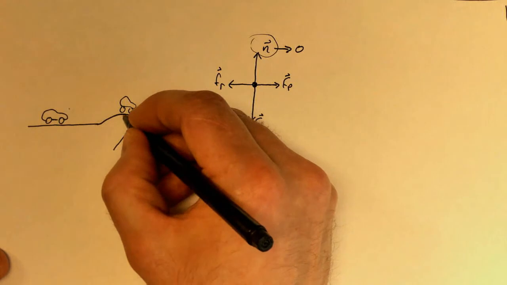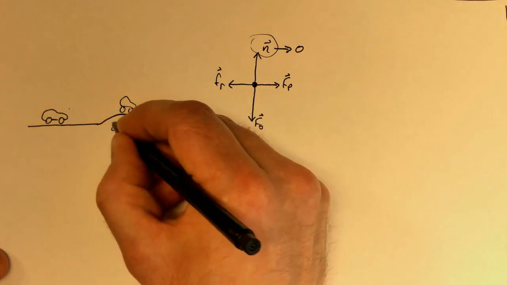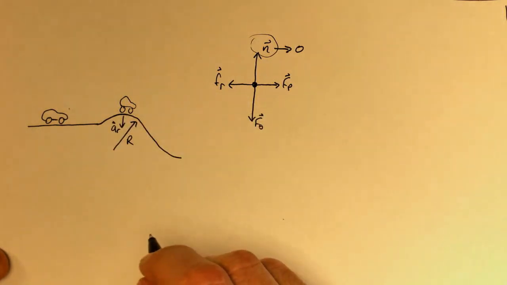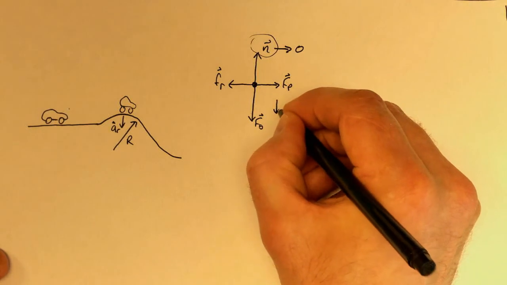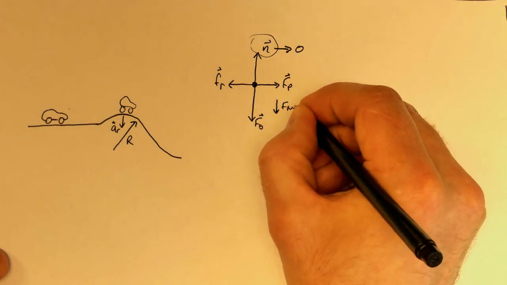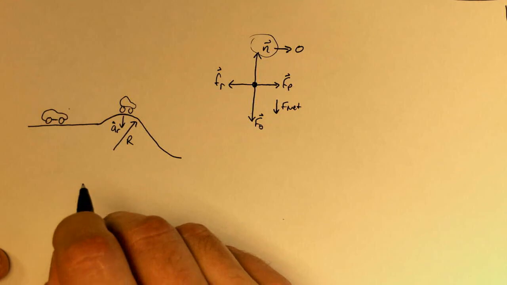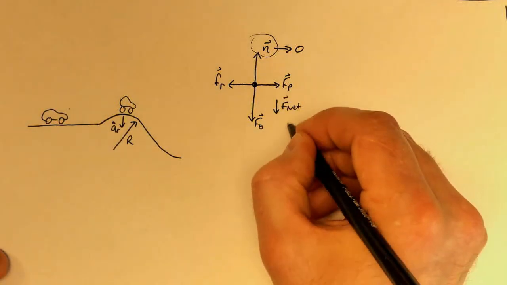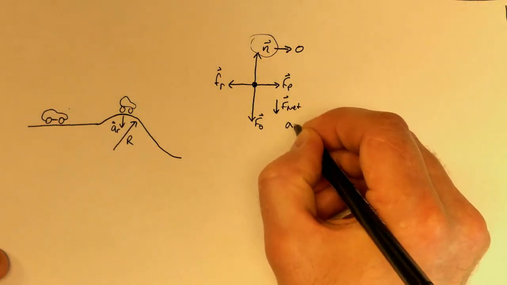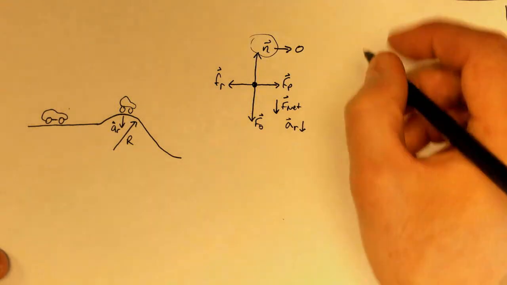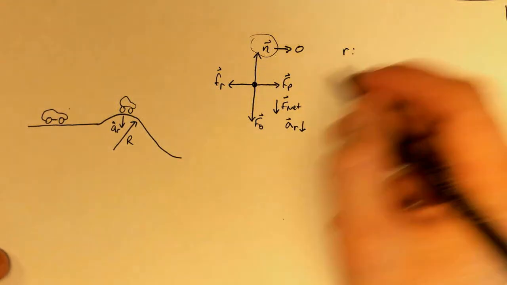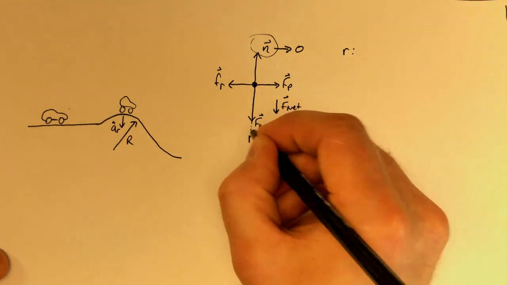So at that point, my radial acceleration is straight down, so that would be a y component. So my F net must be down since I'm going over this curve, and my acceleration radial is down. So if I look in that radial direction, I choose down to be the radial direction.